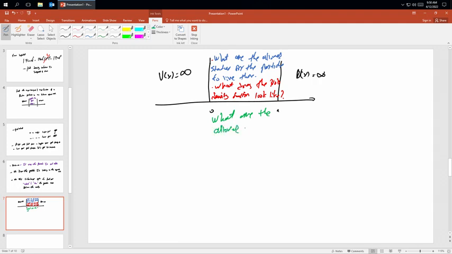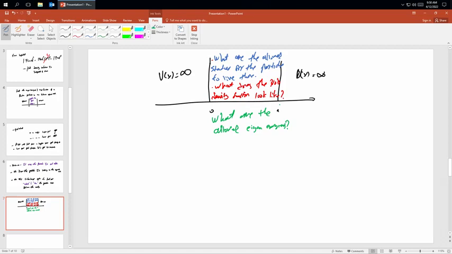Or in other words, the allowed eigenenergies. So the particle lives between 0 to A, right? What are the allowed states for the particle to live there? What does the probability density function look like? And what are the allowed eigenenergies, right?